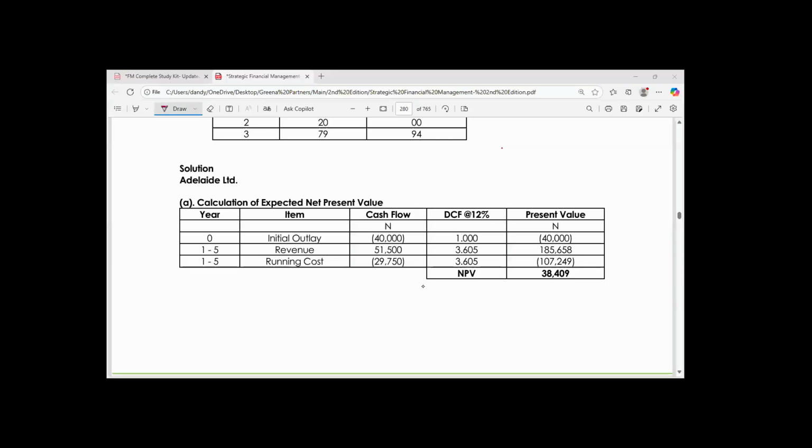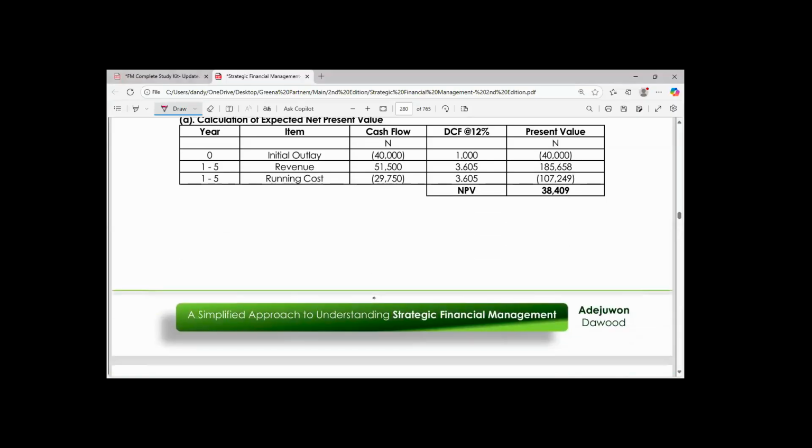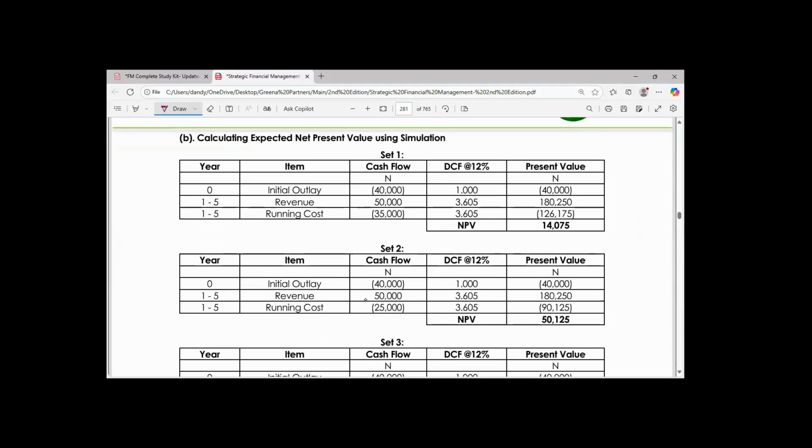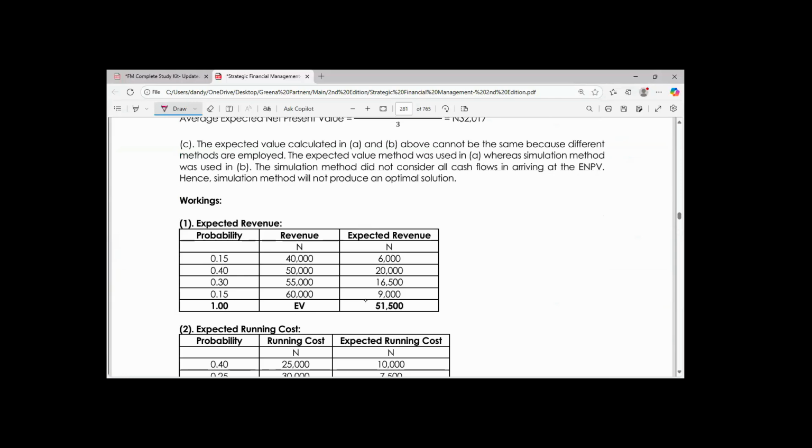So in our next class, we are going to be having decision tree. Then after the decision tree, that will be the end of risk and uncertainty. Then after risk and uncertainty, we are moving to a brand new topic.